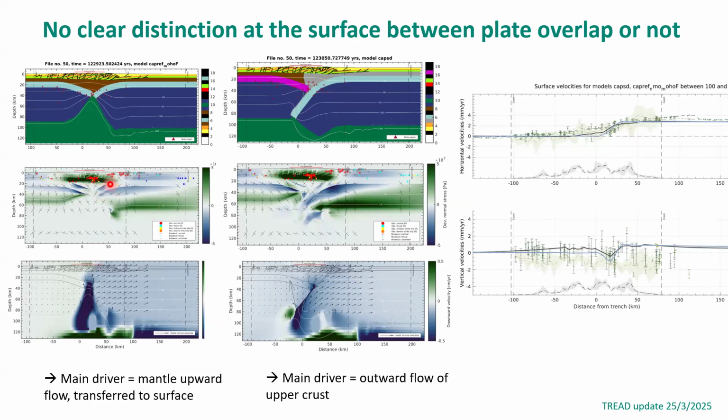So an area of extension with some compression in the Adriatic Sea, and the surface velocities are also very similar, whereas the mechanisms that drive this are quite different. On the left, the main driver would be mantle upward flow transferred to the surface, and on the right, the main driver is the outward flow of the upper crust.